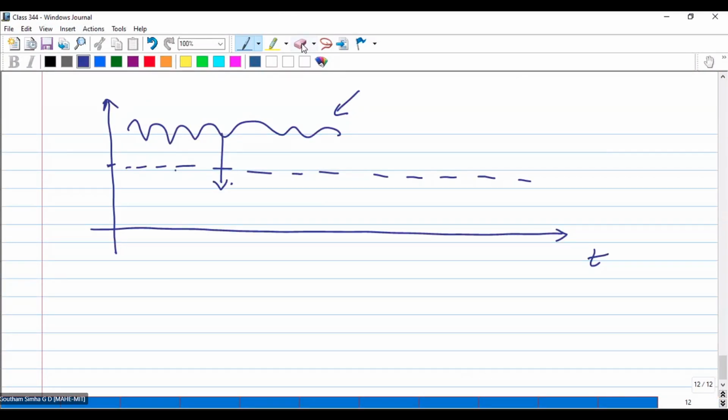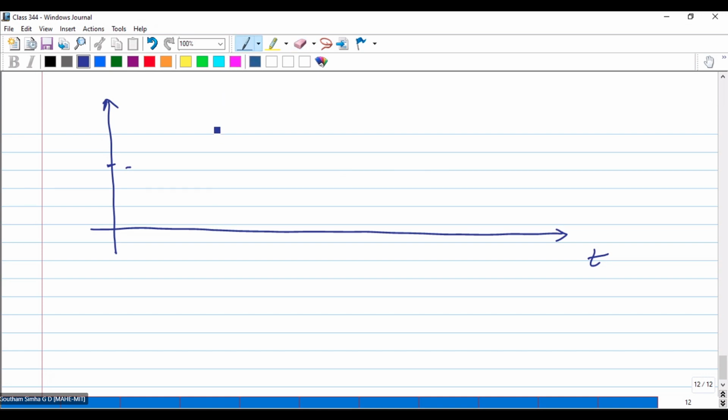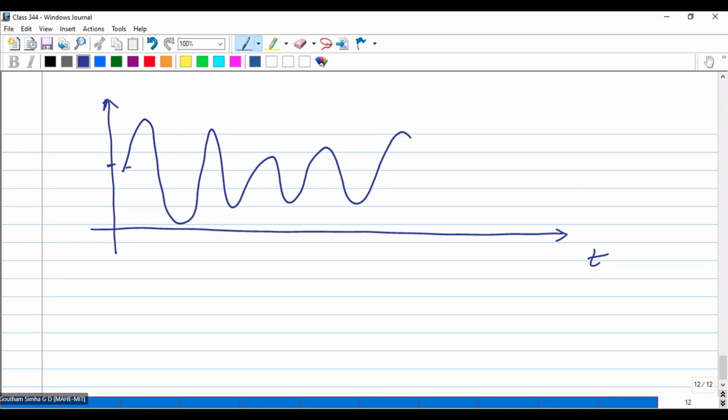In order to avoid that switching transient, there's a low complexity technique which is used, called switch and stay, or switch and branch combining. Look at this. Now, this is my signal. I'll take only 2 or 3 for the sake of simplicity.